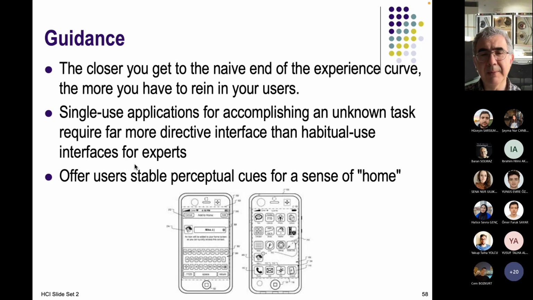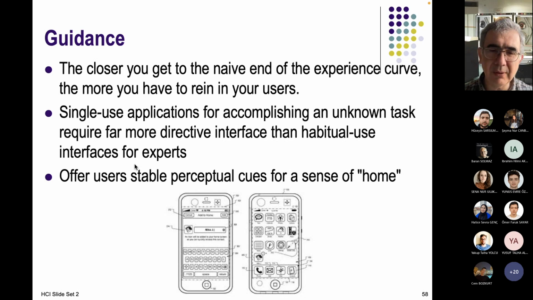And just like telephones and many other of today's applications, beginning location is important. So offer users stable perceptual cues for a sense of home. If you are at home, you should feel comfortable, and it's kind of a starting point, home, the default screen.